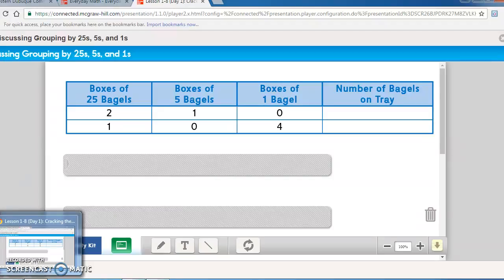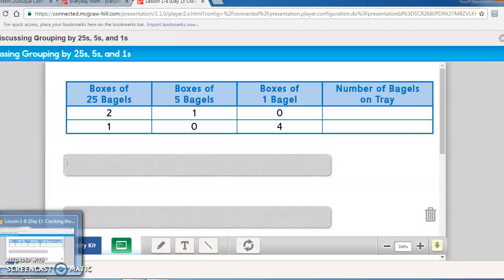You should have noticed that the first digit always tells you the number of the largest boxes to be filled. What does the last digit always tell you? Stop the tape now and discuss this question. You should have noticed that the last digit always tells you the number of smallest boxes to be filled.